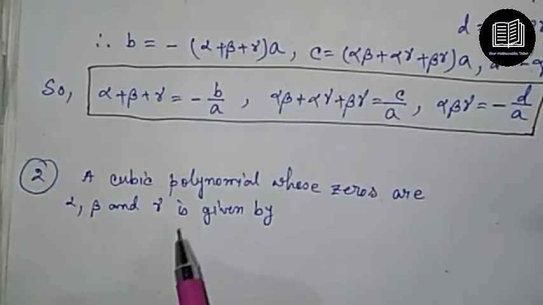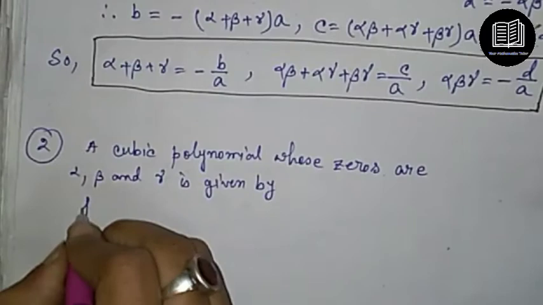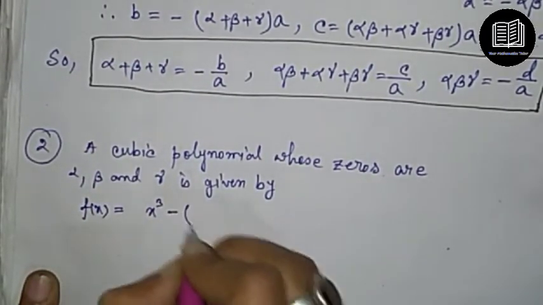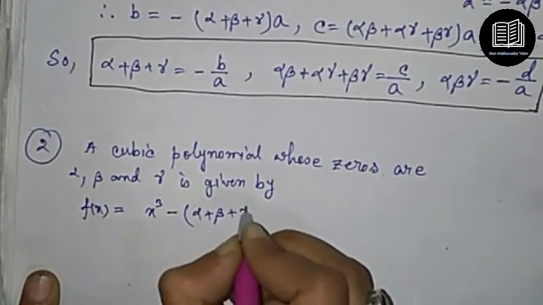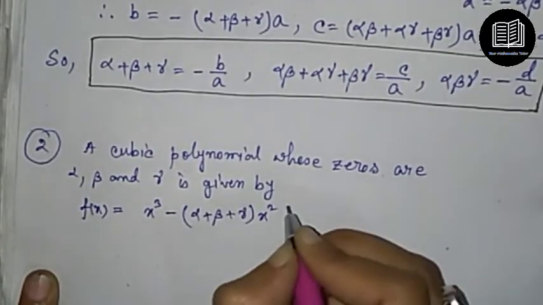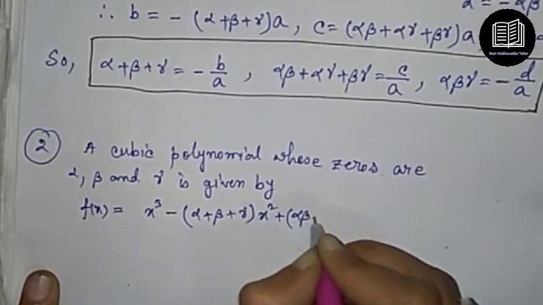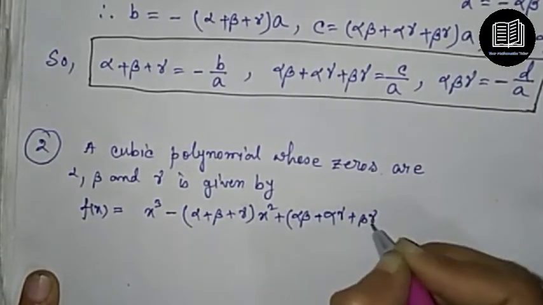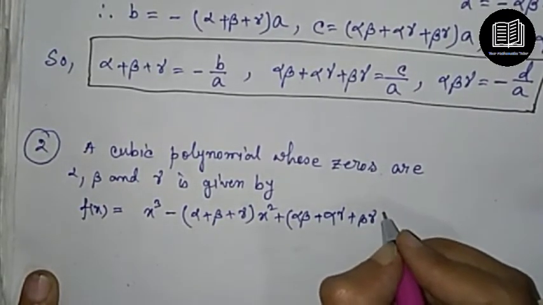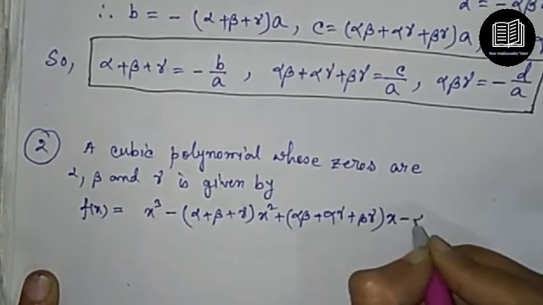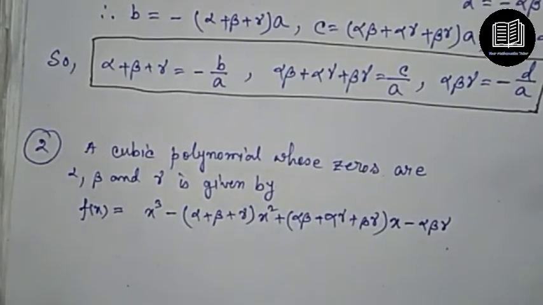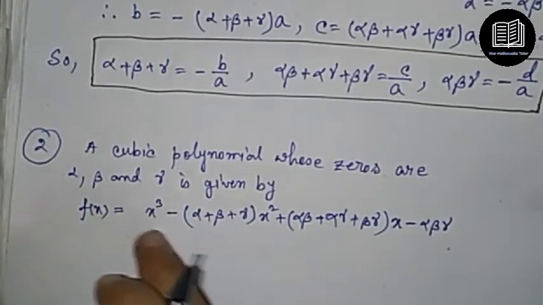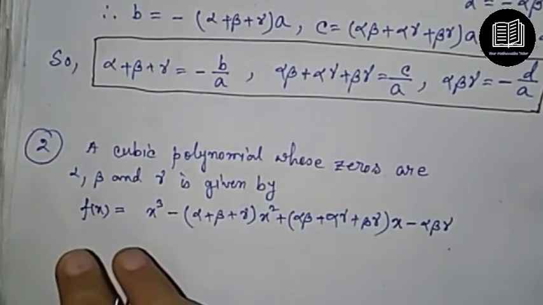Then the form of the polynomial will be f(x) equals to x cube minus of (alpha plus beta plus gamma) into x square plus (alpha beta plus alpha gamma plus beta gamma) into x minus alpha beta gamma. Okay, so if we know the zeros, we can find the polynomial also. Correct?